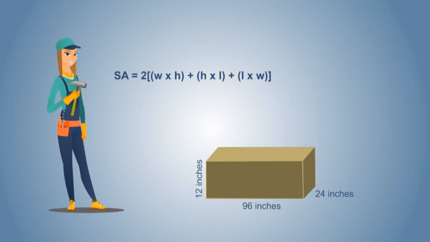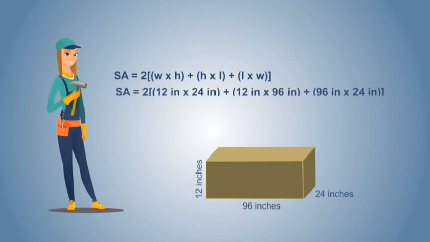W. Substituting the given values, we get SA equals 2 times the quantity 12 inches times 24 inches plus 12 inches times 96 inches plus 96 inches times 24 inches.